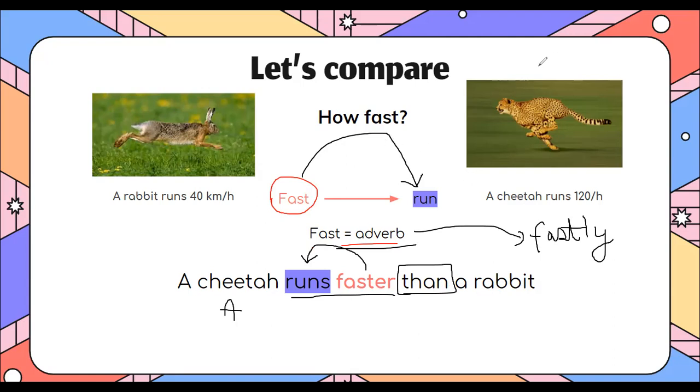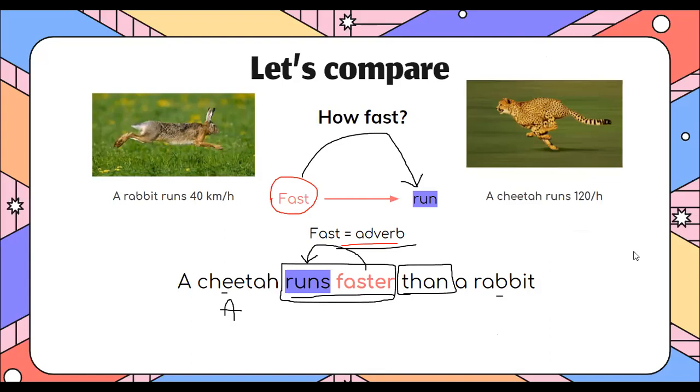So this is going to be an exception. I'm going to explain more about it in a second. We are comparing how fast they run compared to the other. I'm comparing the verb, and I'm not comparing the nouns.